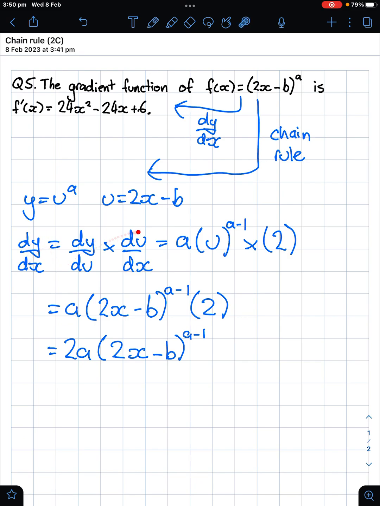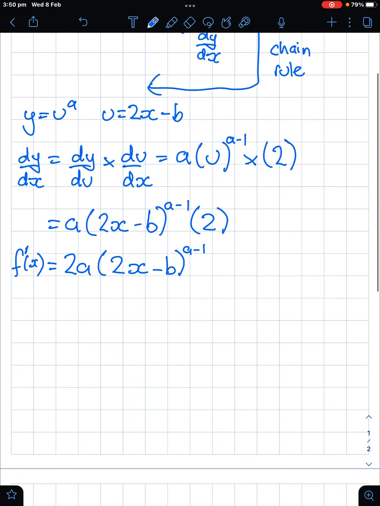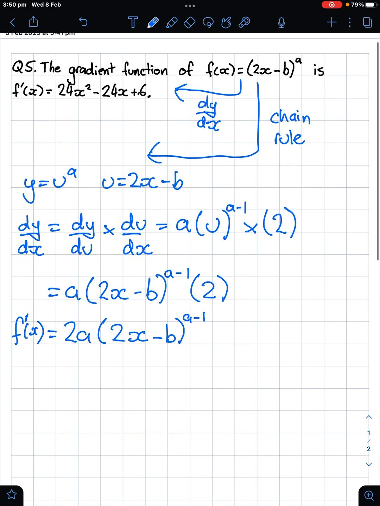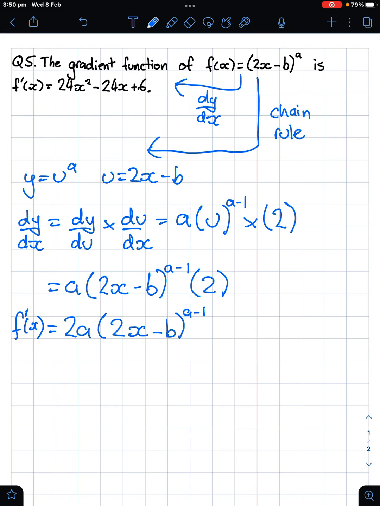I've used the dy du, even though it's not the notation used in the question, purely because it's what we had talked about earlier. So this would actually be f dash of x. We were given here that f dash of x has to equal 24x squared minus 24x plus 6.